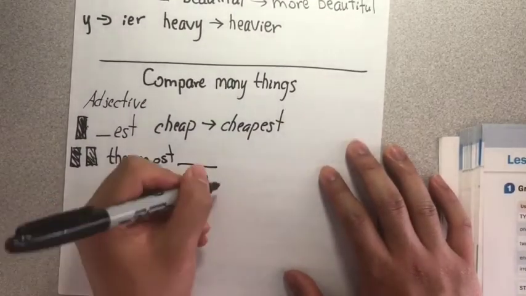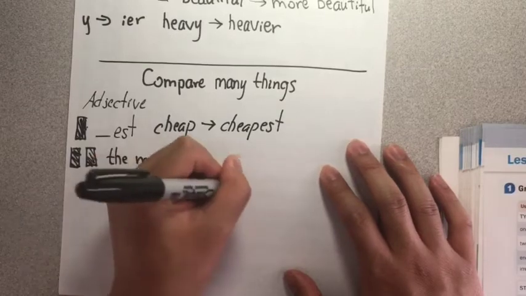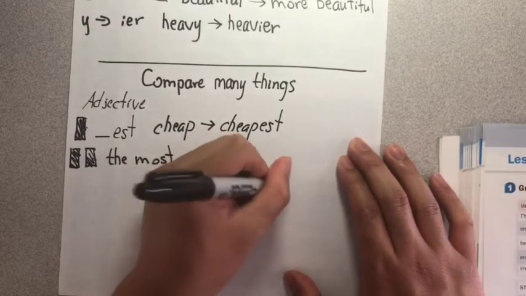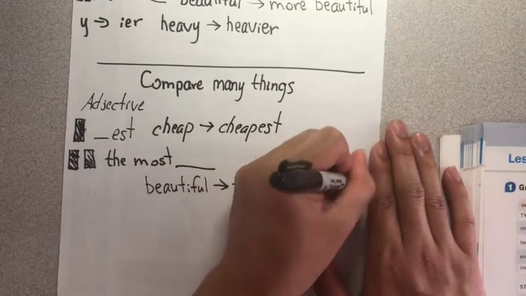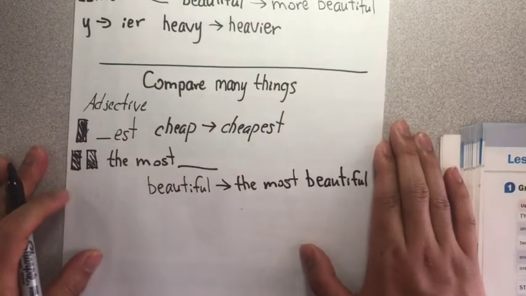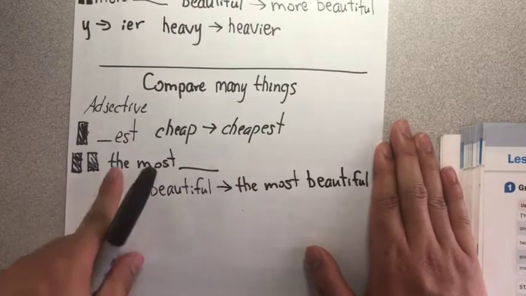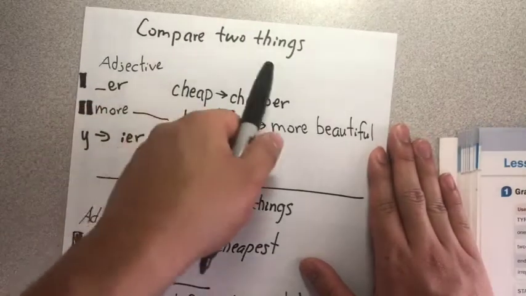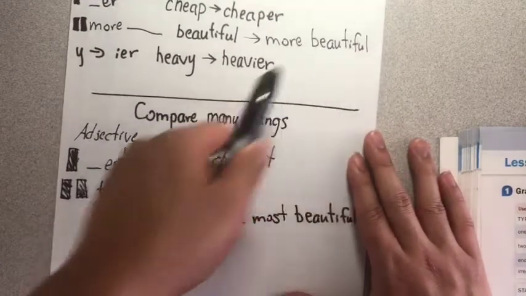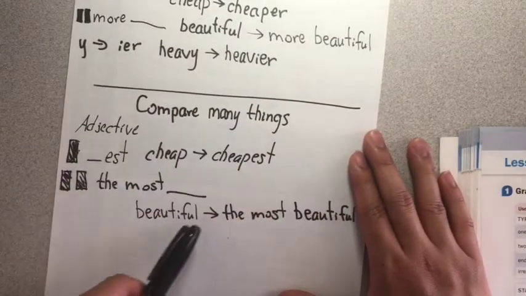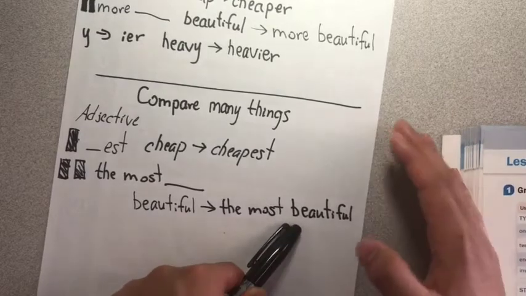We would say the most beautiful. So when we're comparing 2 things, we say more beautiful. But when we're talking about a lot of things, we say the most beautiful.